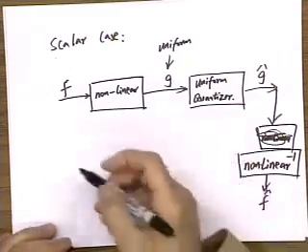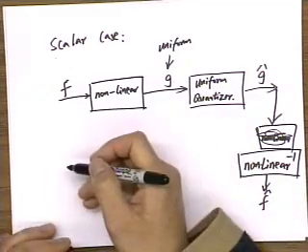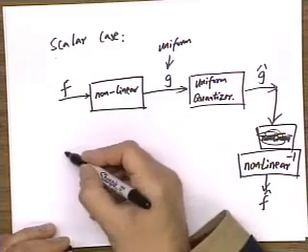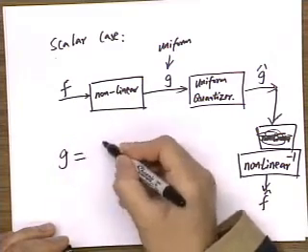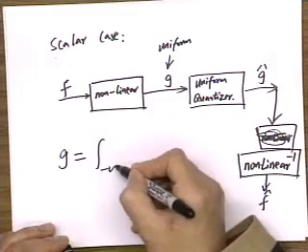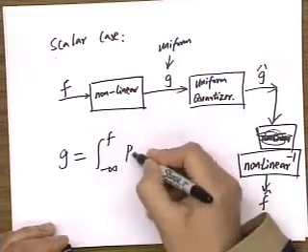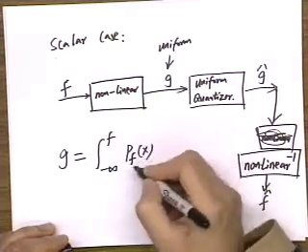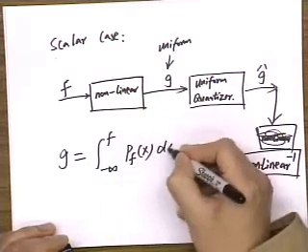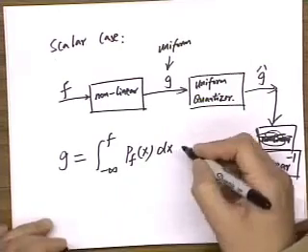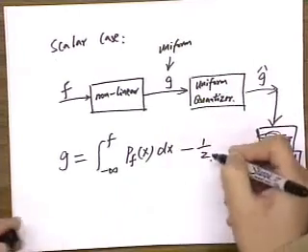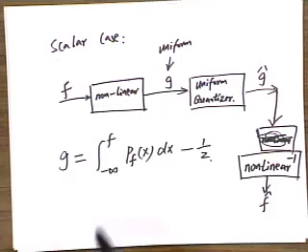One possibility is to choose the CDF of f, where the mapping function is the integral from minus infinity to f of the probability density function of f, dx, minus 1/2. By doing this, we can map f to a uniform distribution g.